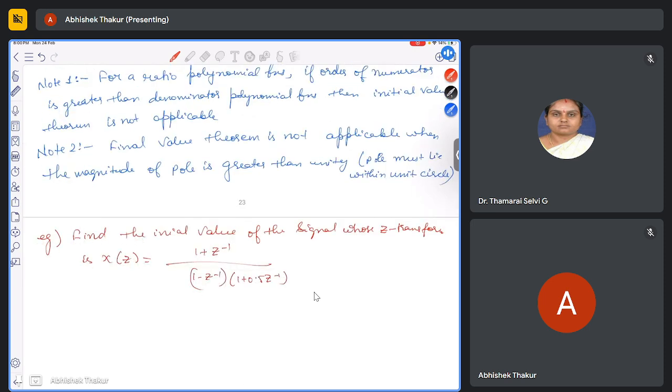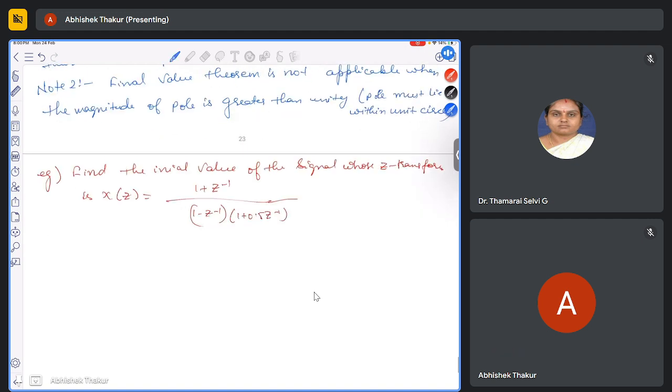First we'll check the condition: if the order of the numerator is greater, it is not applicable, but here it is less. So it is applicable.